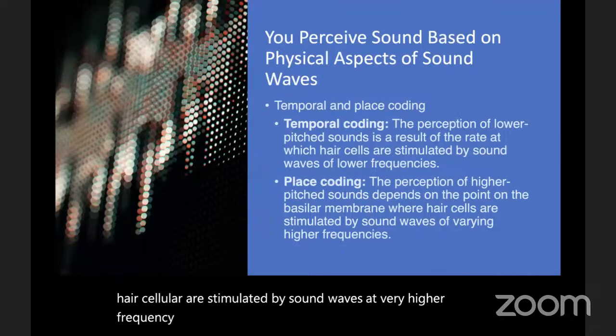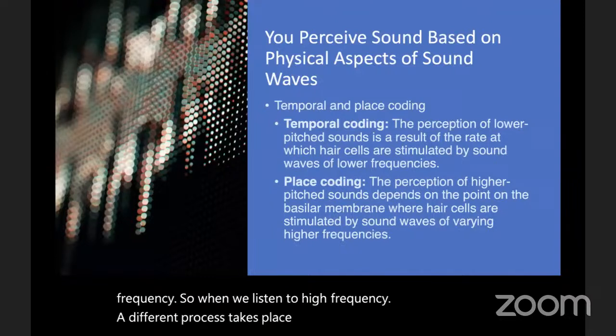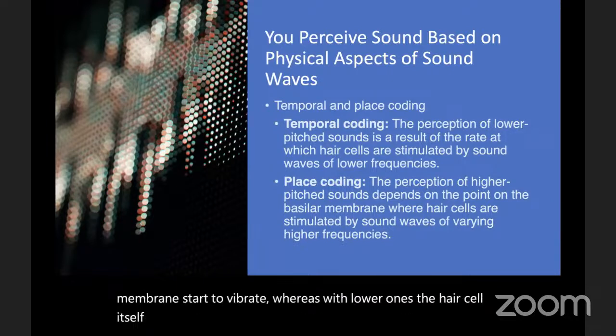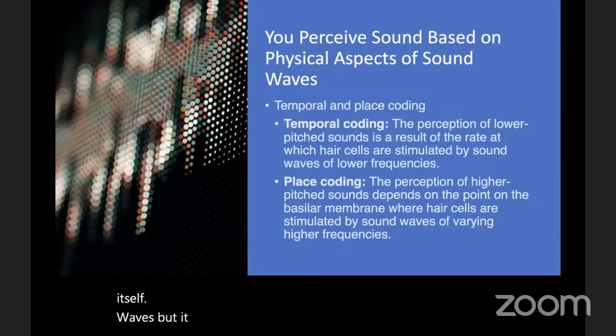So when we listen to high frequency, a different process takes place. The lower ends of the membrane start to vibrate. Whereas with lower ones, the hair cell itself waves, but it doesn't affect the membrane itself. So that's kind of how that works.